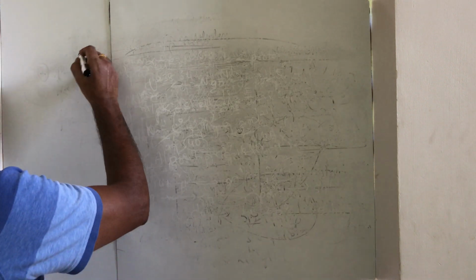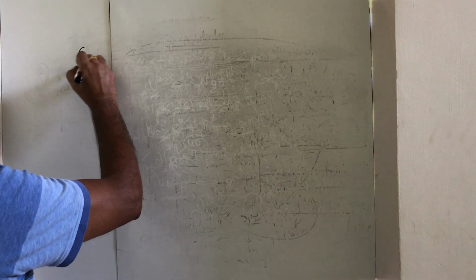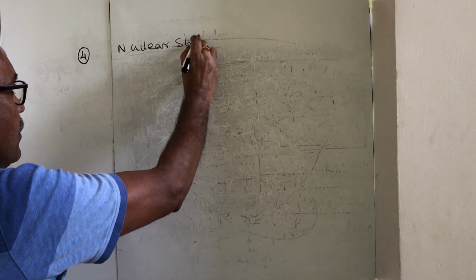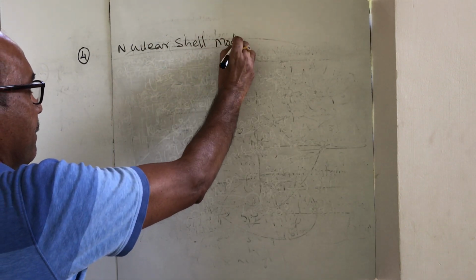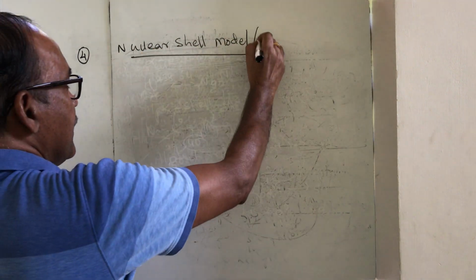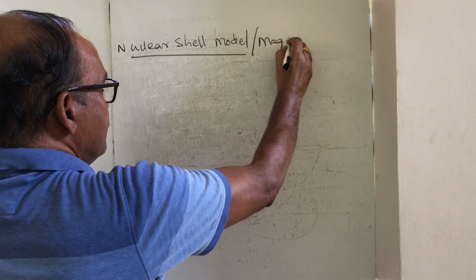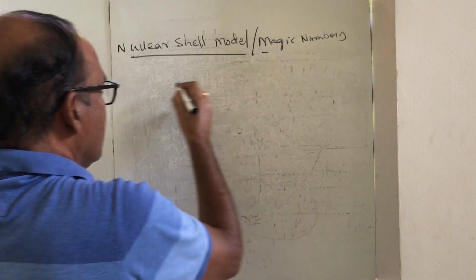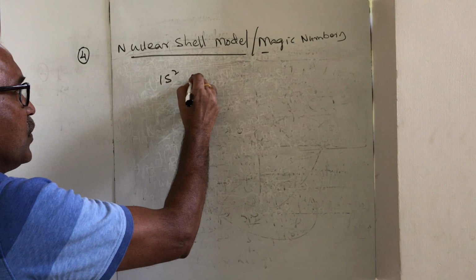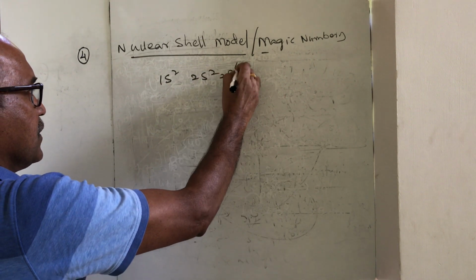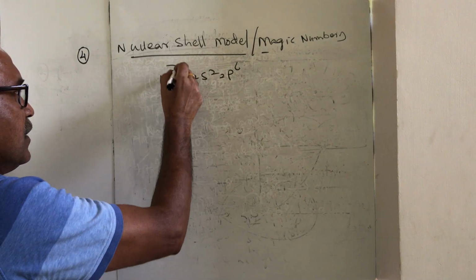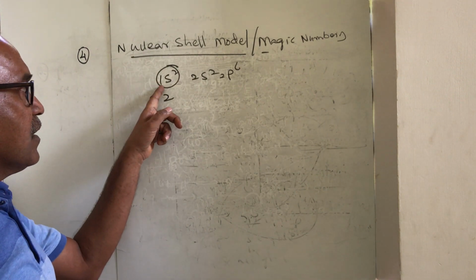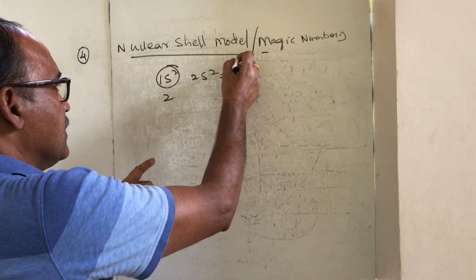Next one is the nuclear shell model, and magic numbers. You know, 1s2, 2s2, 2p6. The 2 is the maximum capacity of the first shell, that is the K shell, in terms of electrons.